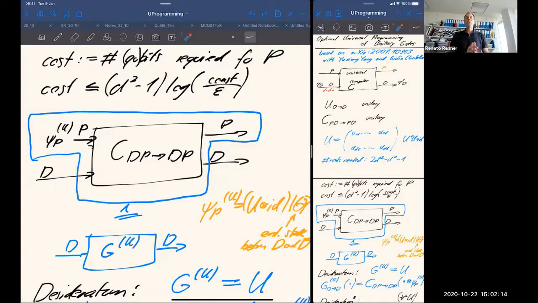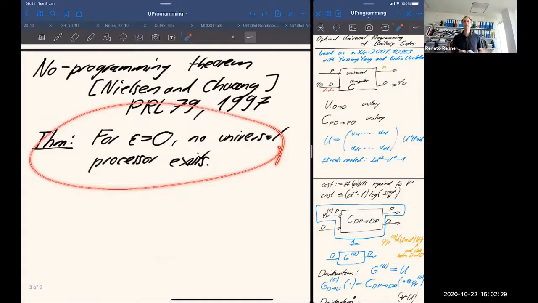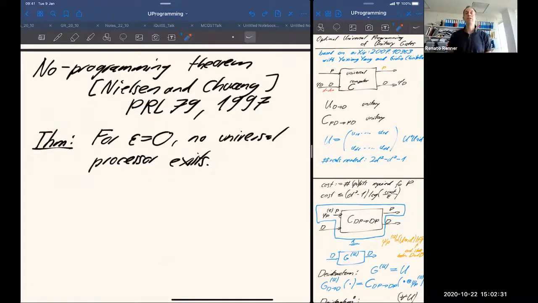So you see, there are these 2 thoughts one can have. On one hand, I could say, trivially, it cannot exist. On the other hand, I could say, maybe there's a way, because in principle, everything can be encoded into that state. But the theorem now tells us the answer is no, you cannot do that. But maybe another example, just to illustrate that it's not obvious that this is the right answer, is quantum teleportation.